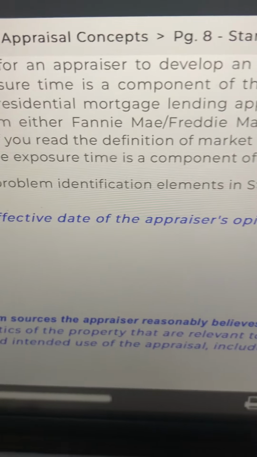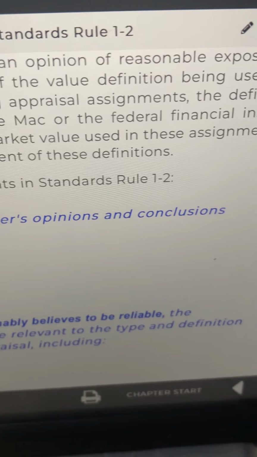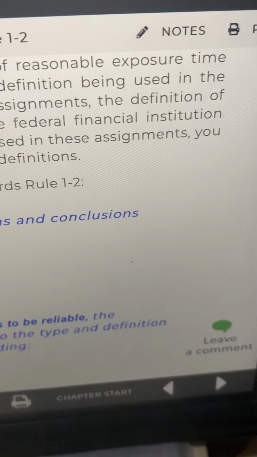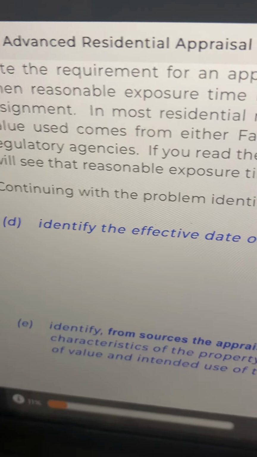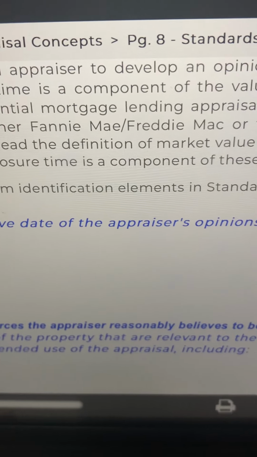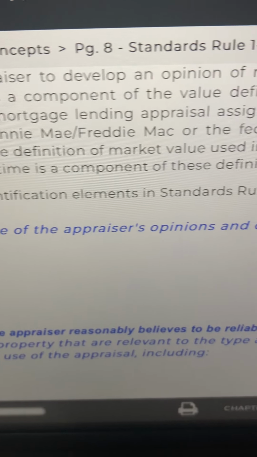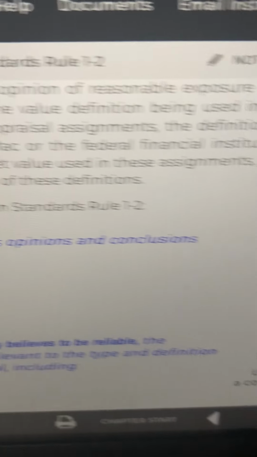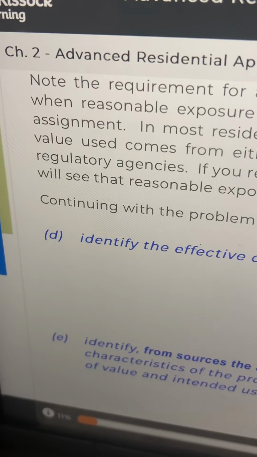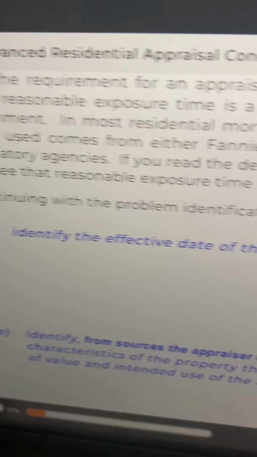In most residential mortgage lending appraisal assignments, the definition of value used comes from either Fannie Mae / Freddie Mac or the Federal Financial Institution regulatory agencies.